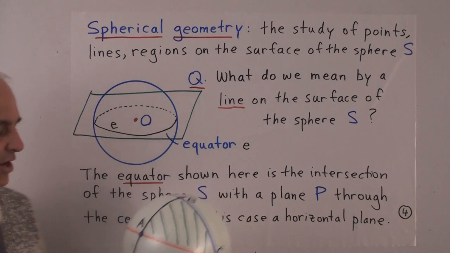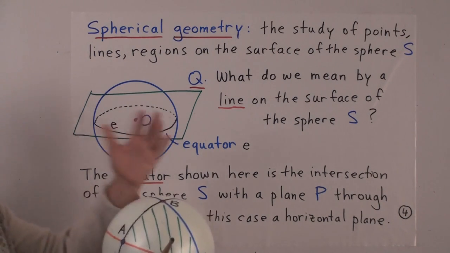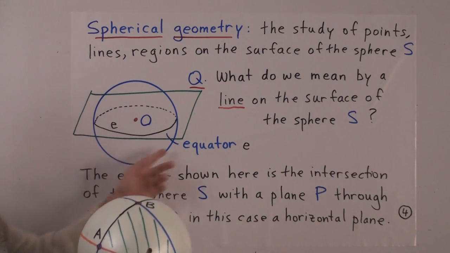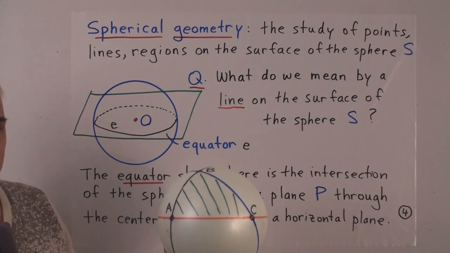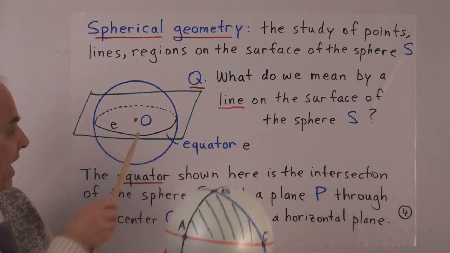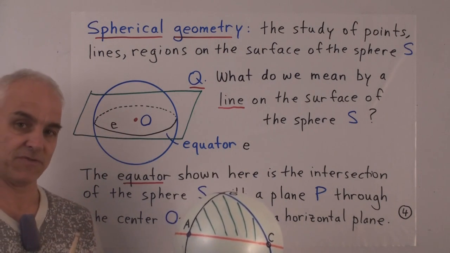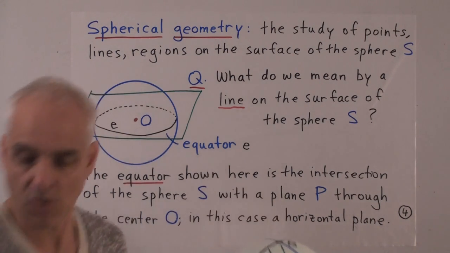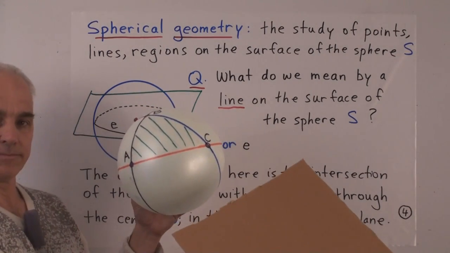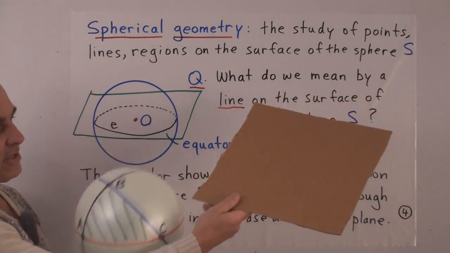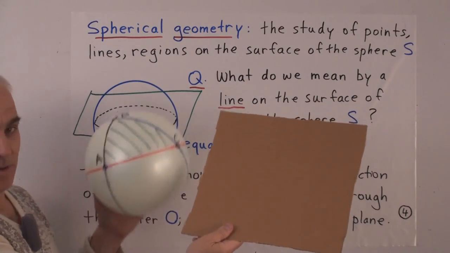But a slightly more manageable definition is to think in terms of the ambient three-dimensional space and in terms of a plane that cuts the sphere, passes through it, and actually goes through the center of the sphere. So here, for example, is a plane. And this little cutout is just meant to represent part of the plane.